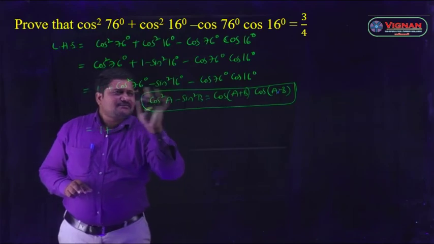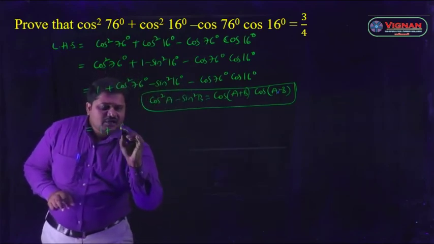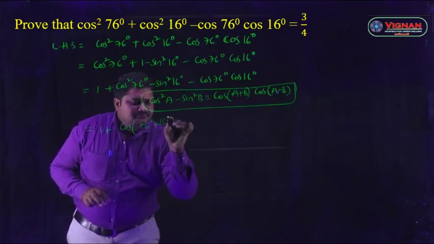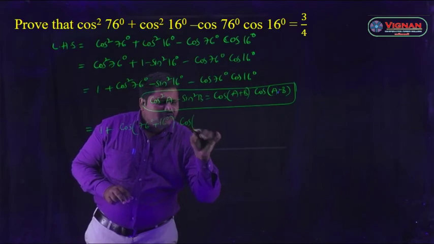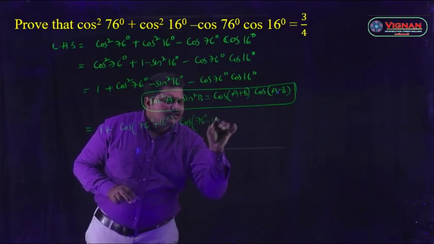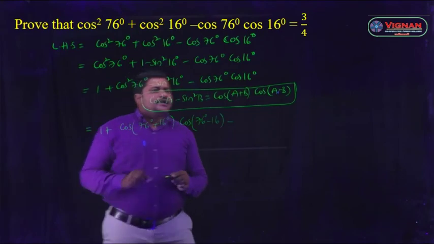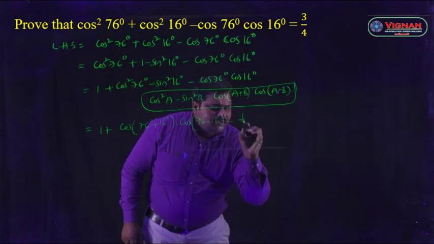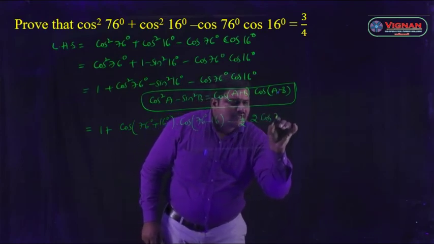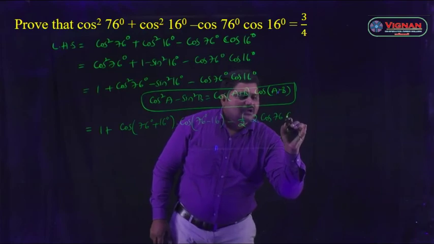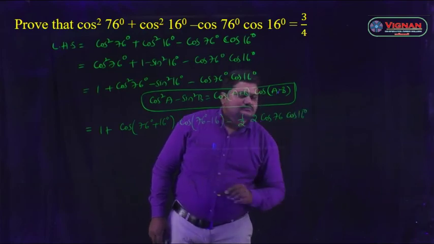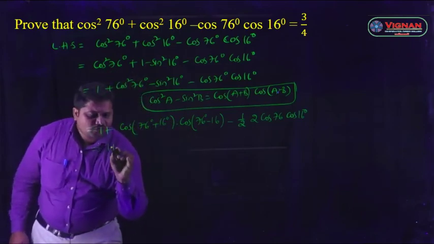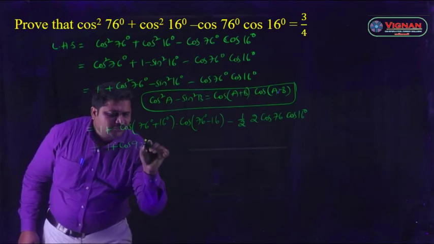A means 76, B means 16. Then we can write cos of 76 degrees plus 16 degrees into cos of 76 degrees minus 16 degrees, and here multiply and divide by 2, 1 by 2 into 2 cos 76 into cos 16 degrees. 76 plus 16 is 92, so 1 plus cos 92 degrees.